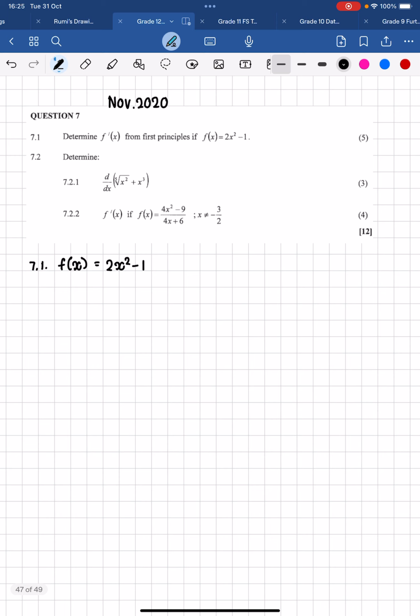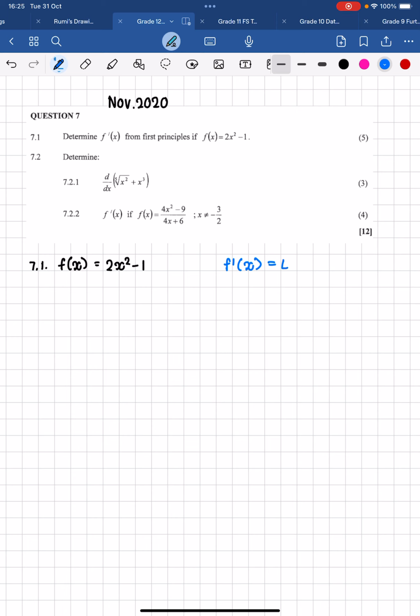All right, so guys, they've given us f of x is 2x squared minus 1, and they are asking us to find f dash x, the derivative, from first principles. Now, if we were just asked to find the derivative, we would use the power rule. We take the exponent and multiply it by the coefficient.